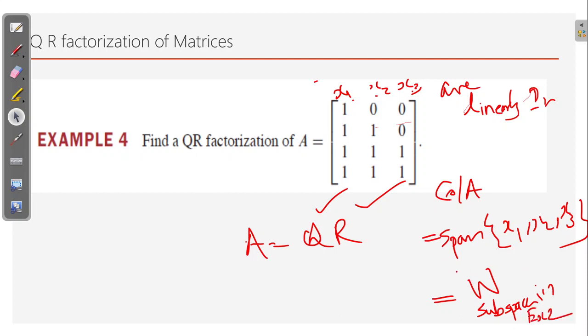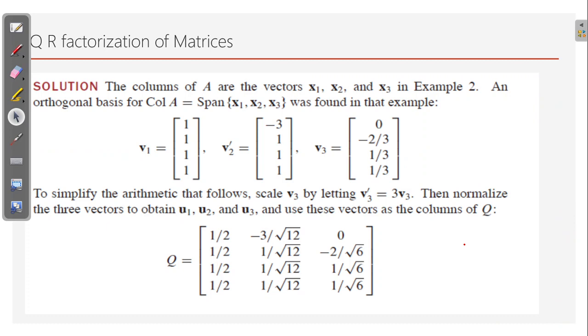In example 2 we found the orthogonal basis, and you normalize it. That is v1, v2 dash, and v3. Normalize it: v1 by norm v1, v2 dash by norm v2 dash, v3 by norm v3.